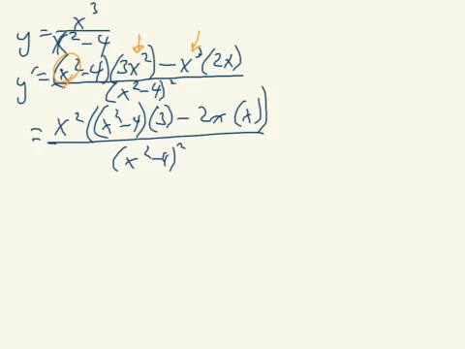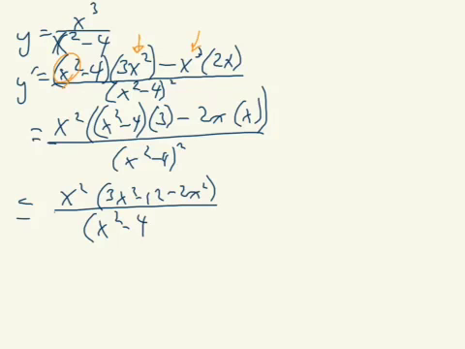Now I think you're not going to be surprised what's going to happen here. We have 3x squared minus 12 in the parentheses minus 2x squared. What do you know? We have like terms left over. This, by the way, was a really poor equal sign. Let me erase that. Equals all over x squared minus 4 quantity squared.